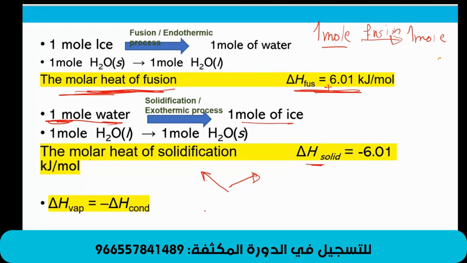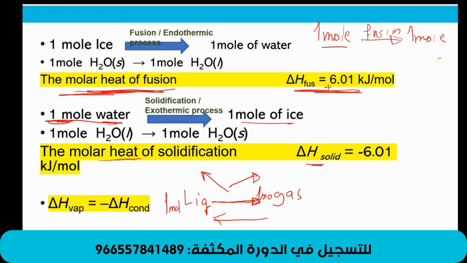If you have 1 mole of water to be solidified or frozen, we will call it the molar heat of solidification. You shouldn't memorize the number, not at all. Exactly, if I have liquid and I need to evaporate it into gas, so you will calculate, for 1 mole of liquid to 1 mole of gas, the molar heat of vaporization.